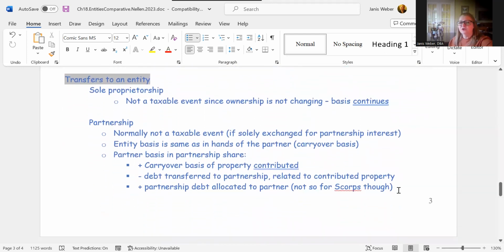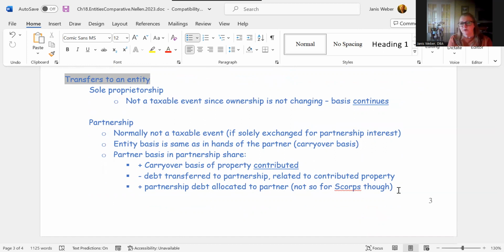All right, transfers to an entity. This is kind of a refresher because we already talked about these individually, how it would work. But this is just to pull it together. The sole proprietorship, not a taxable event when you're moving it into an entity like a corporation, but because the ownership's not changing, the basis continues.